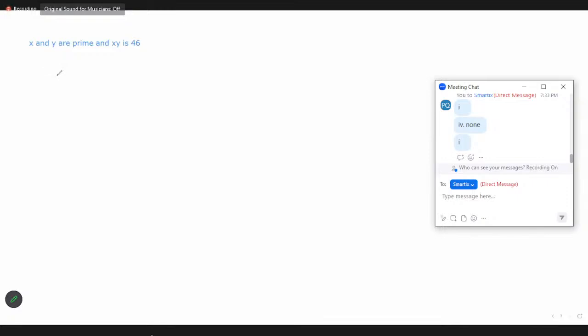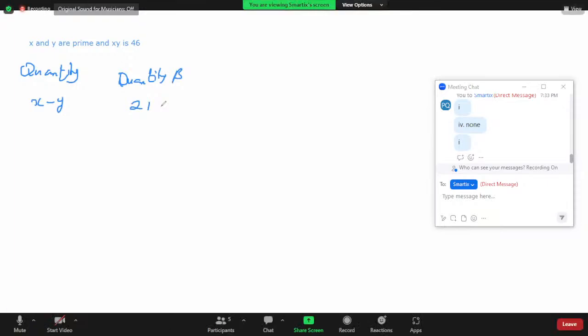So quantity A is x minus y, and quantity B is 21. Quantitative comparison.